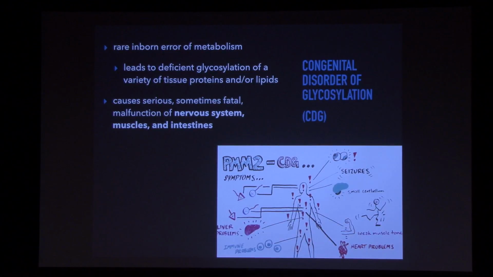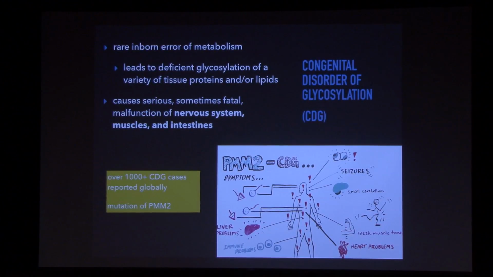And then the symptoms can be observed all over the body. You will have problems with your heart, liver, eyes, and everything. There are over 1,000 CDG cases reported globally, and CDG is caused by a mutation of PMM2 gene, and there is still no cure to it yet.